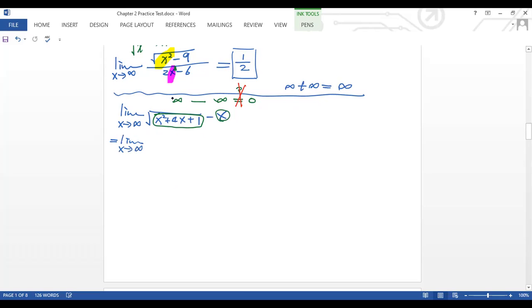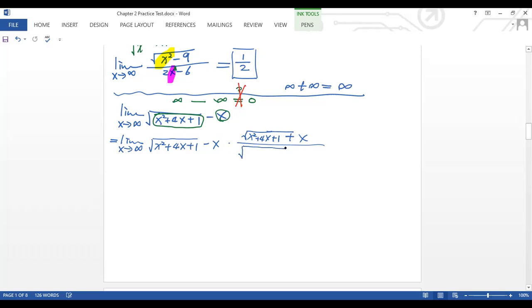If we see a square root, let's try to find a conjugate to see whether the conjugate will help or not. Okay, so we multiply by the conjugate, x squared plus 4x plus 1 plus x.